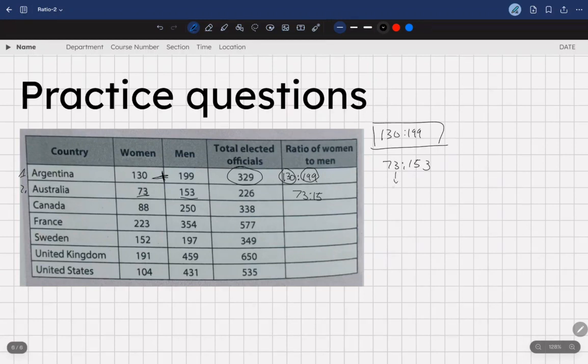Usually what ends with 3 is divisible by 3 or 8. Since 3 doesn't work with 73, we should try 8. But 8 also doesn't work, because 8 times 9 equals 72. So therefore, there's no common factor between those two numbers, and that's why the ratio is 73 to 153.